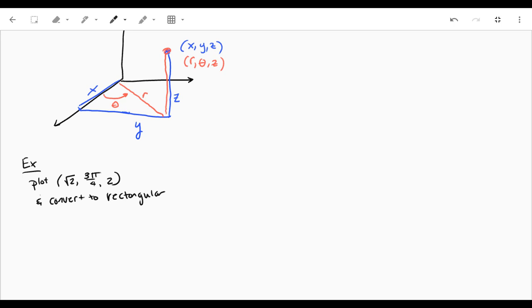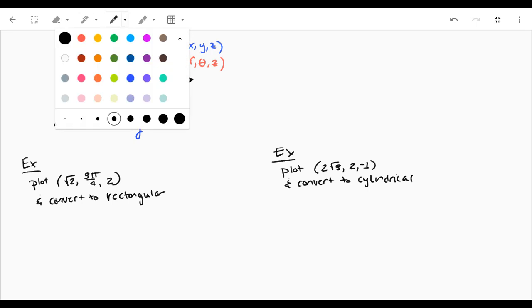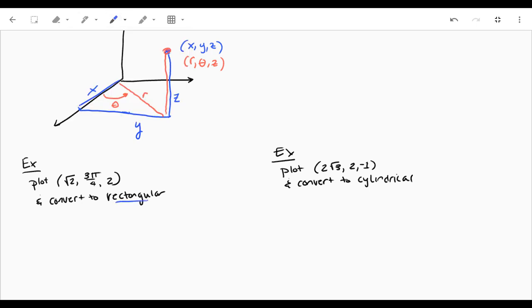Then we'll do another one where we plot some rectangular coordinates and convert to cylindrical. Again, just so that I don't forget, I'm going to use blue for rectangular and red for cylindrical.